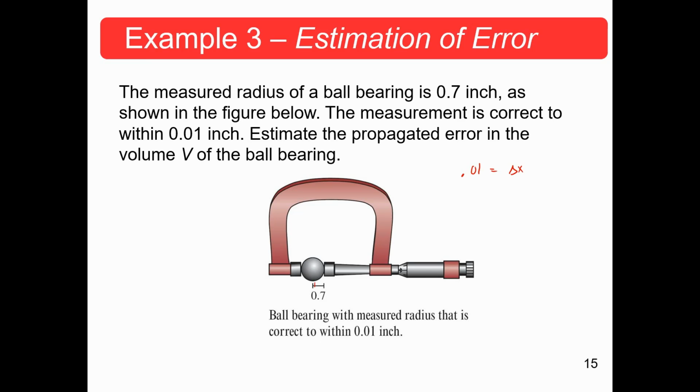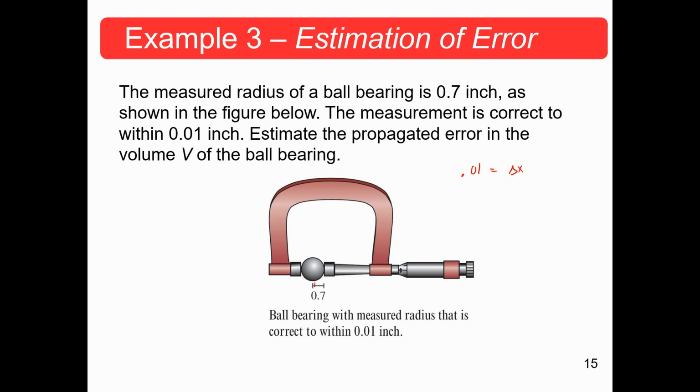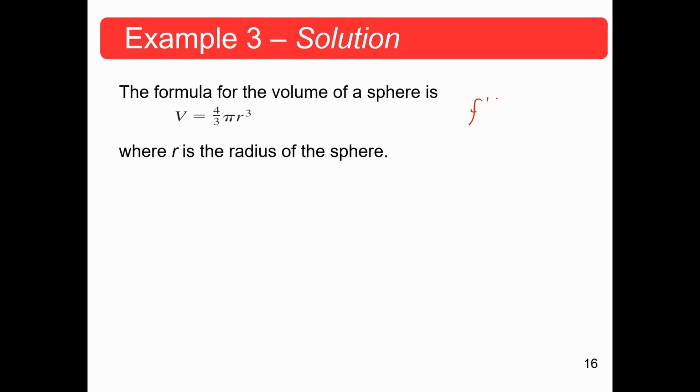Now we want to estimate the propagated error. Remember, propagated error is delta y, but we're going to approximate it with dy. So we're just going to do the derivative times dx, because that's what dy is.